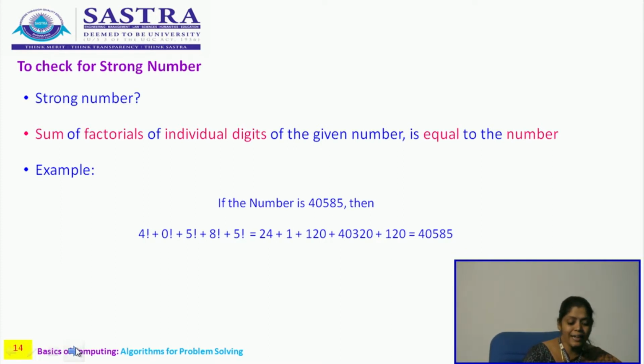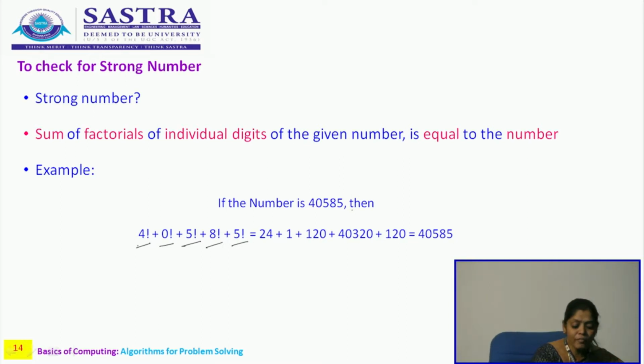Let us take an example, 40,585. Then 4 factorial plus 0 factorial plus 5 factorial plus 8 factorial plus 5 factorial must be equal to 40,585 once again.